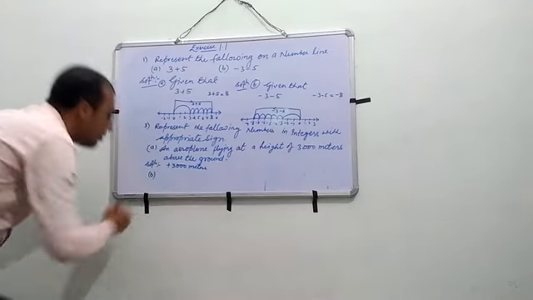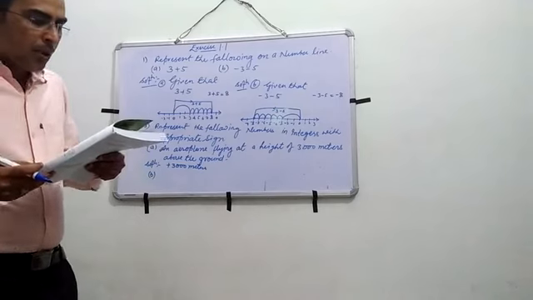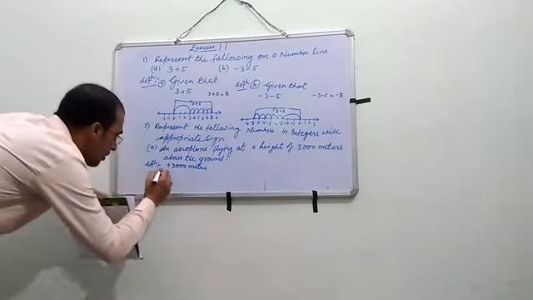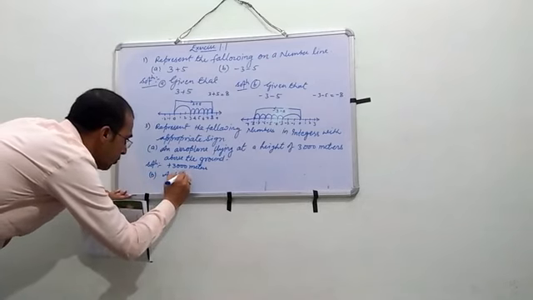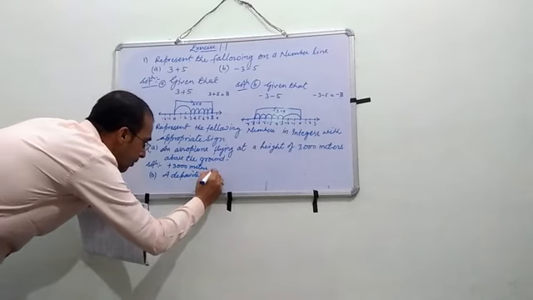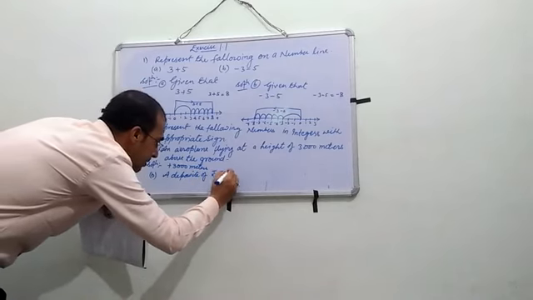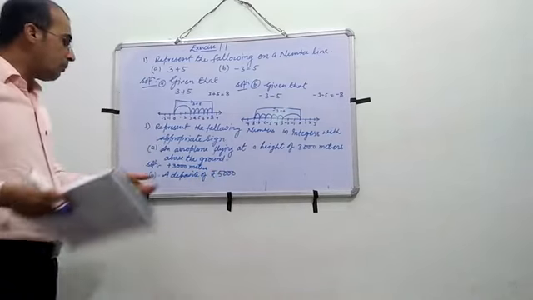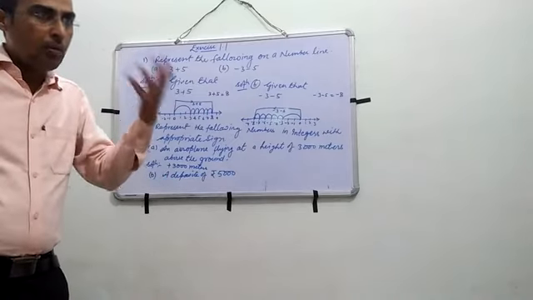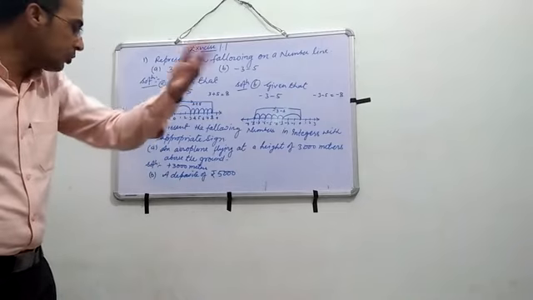B. It is given a deposit of 5000 rupees. A deposit of rupees 5000 means you are depositing money in a bank. It means your account amount is going to increase if you deposit the money.